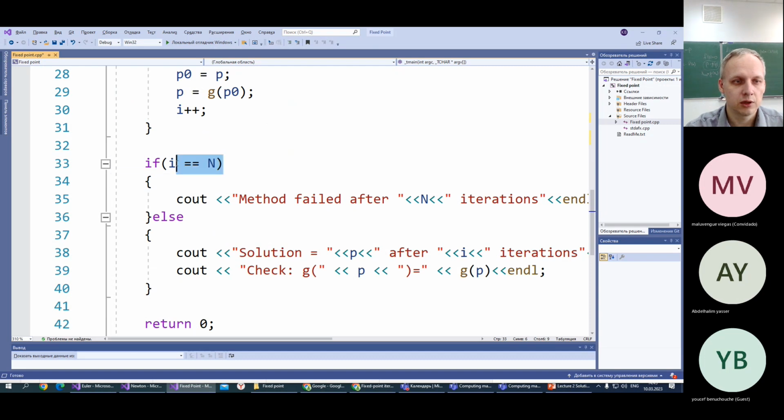And we finish. If n equals i, it means that the method failed to solve the problem after n iterations. In the other case, the solution is correct.